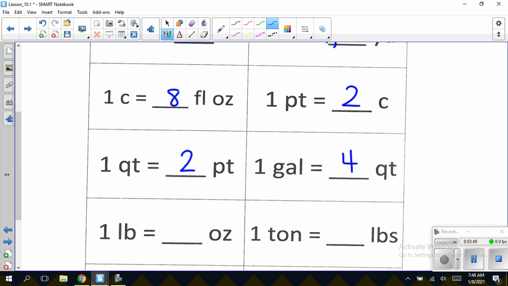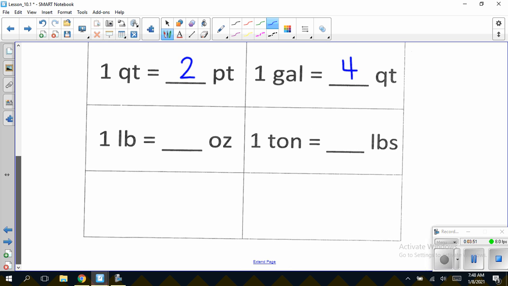And finally, the last 2 cards for Lesson 10.3 are customary weight. 1 pound equals 16 ounces, 1 ton equals 2,000 pounds. Remember, you're not writing the answers on the lines like I did. You are going to want to write your answers on the back of the card to help you study for this quiz.